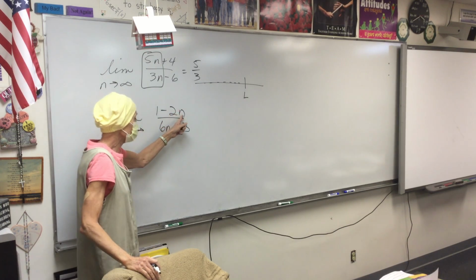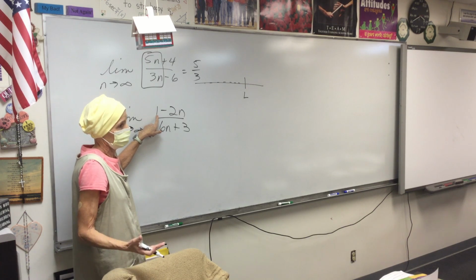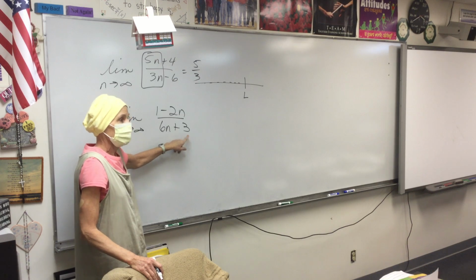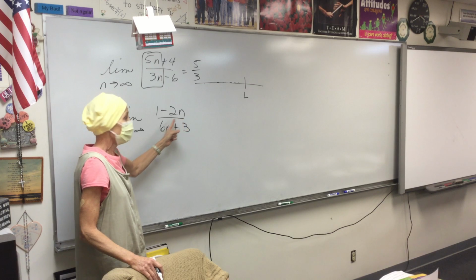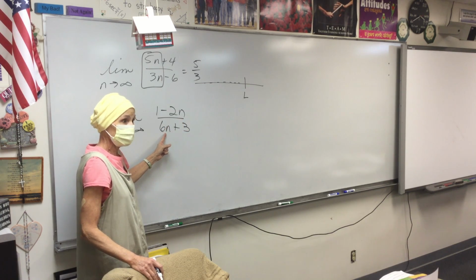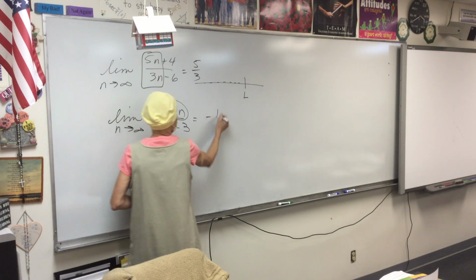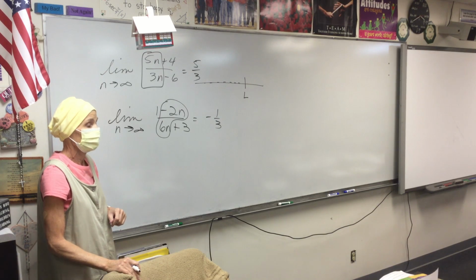If you put 1,000,000 in here for n, how significant is 1? Not at all. How significant is 3? Not at all. So what do we basically have? -2 million over 6 million, which reduces to what? -1/3. So the limit is -1/3.